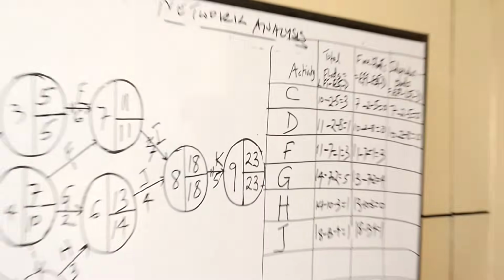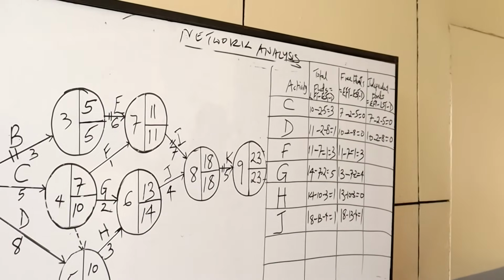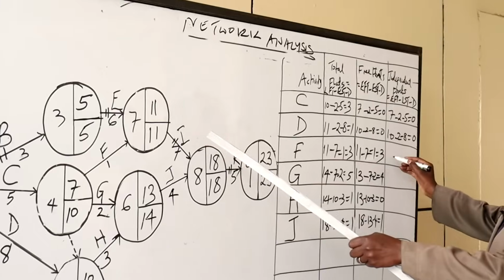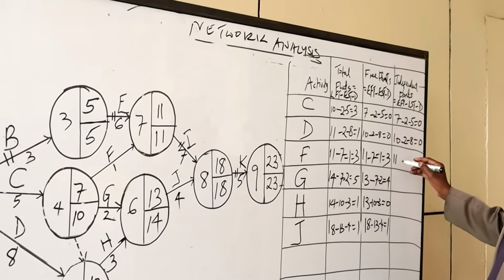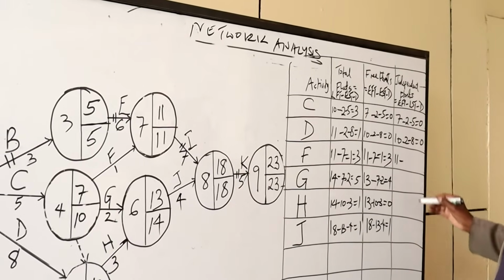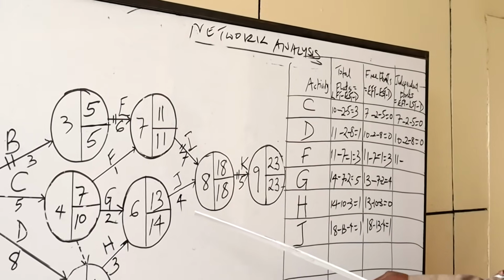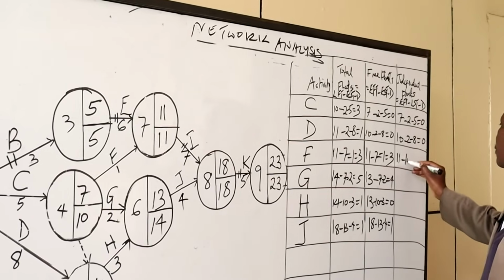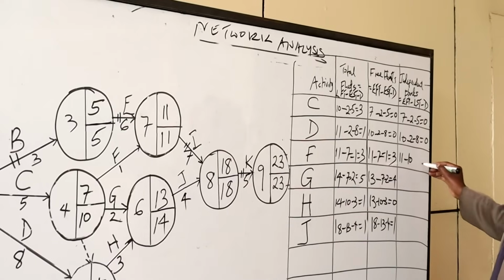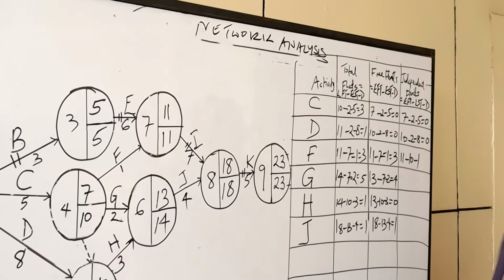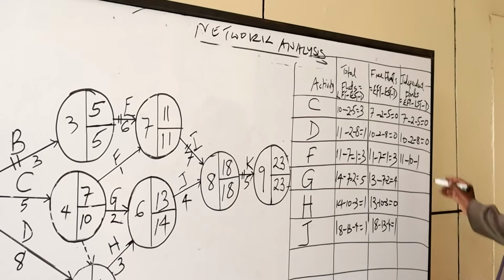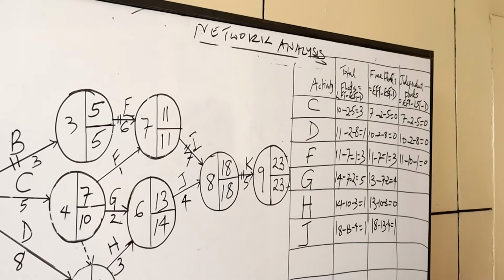Then for F, earliest finishing time is 11 minus latest starting time for F is 10, then minus 1, which is the duration. So that gives 0.